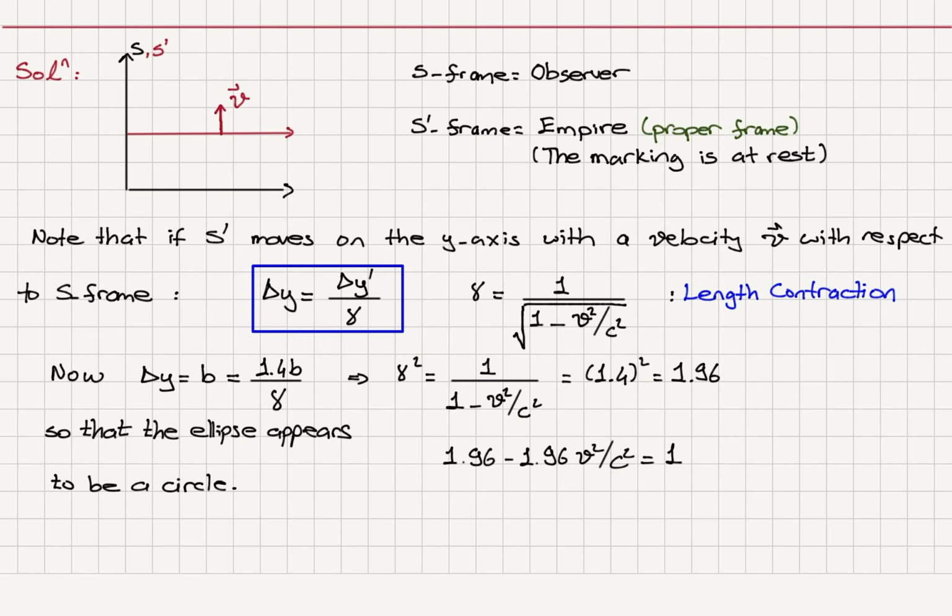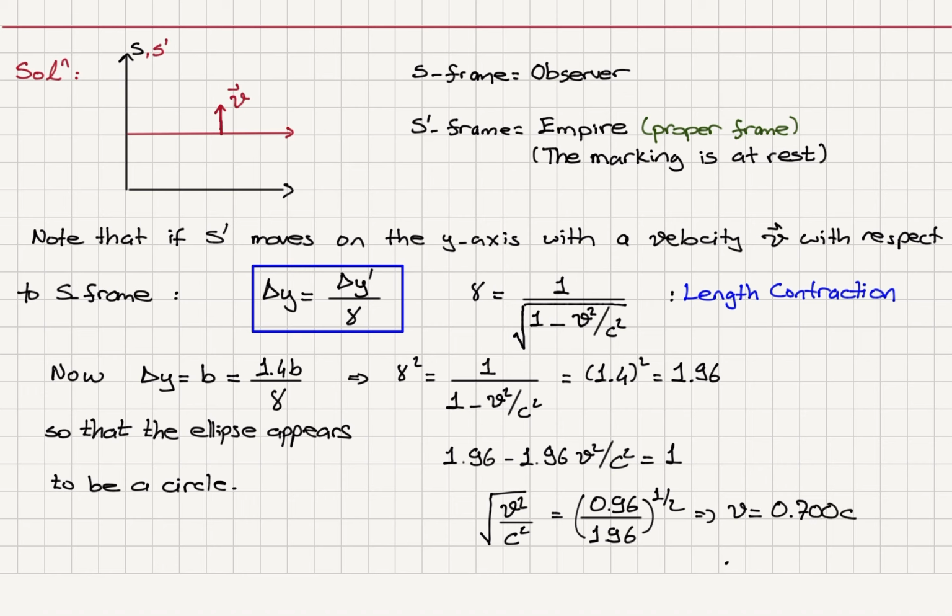So I obtain v squared divided by c squared is 0.96 divided by 1.96, and I take the square root of both sides, and this will give me v must be equal to 0.7 c.